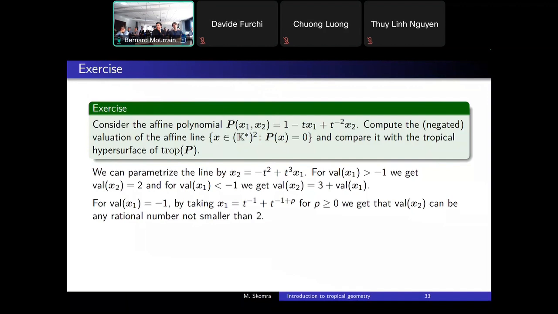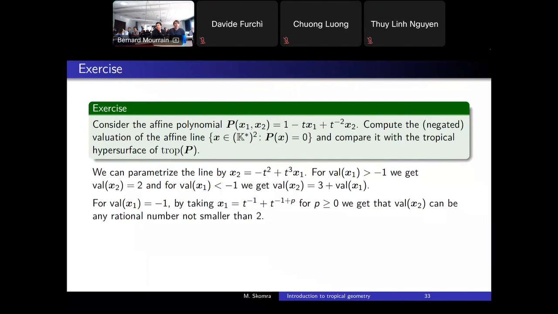Then t to the 3 times x1 will be t to the 2 plus this term, right? So we get that the valuation of x2 can be any rational number not smaller than 2, by modifying it.